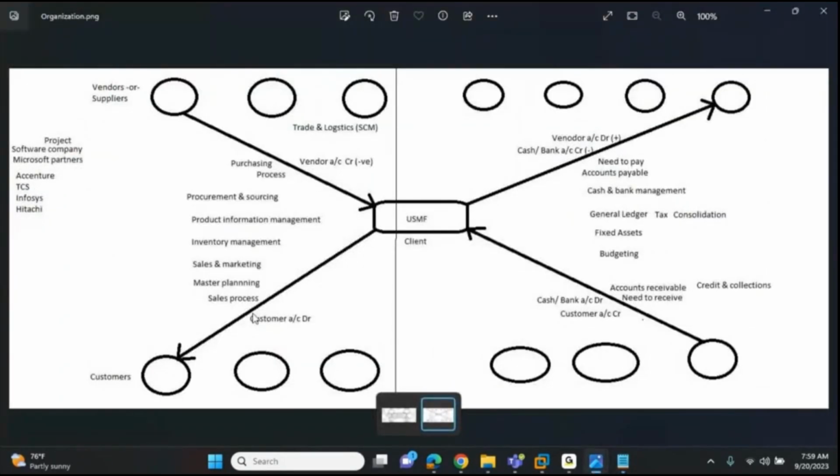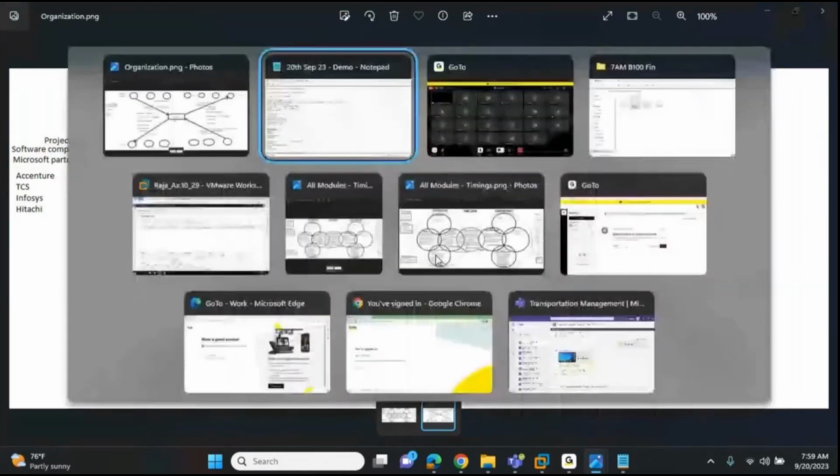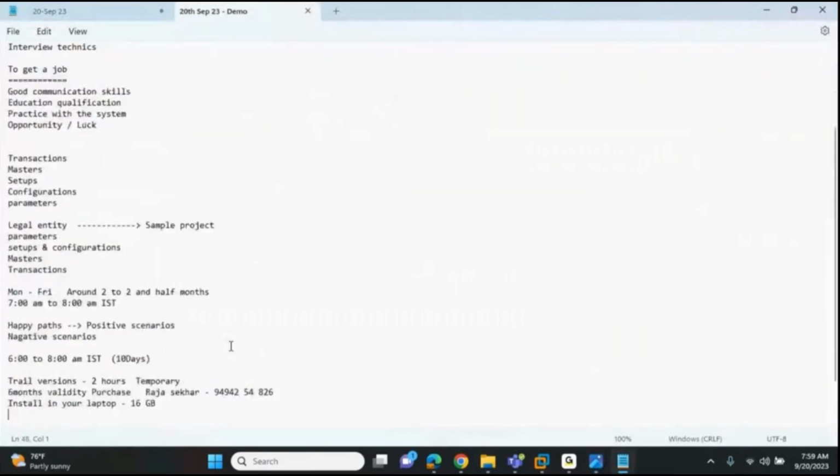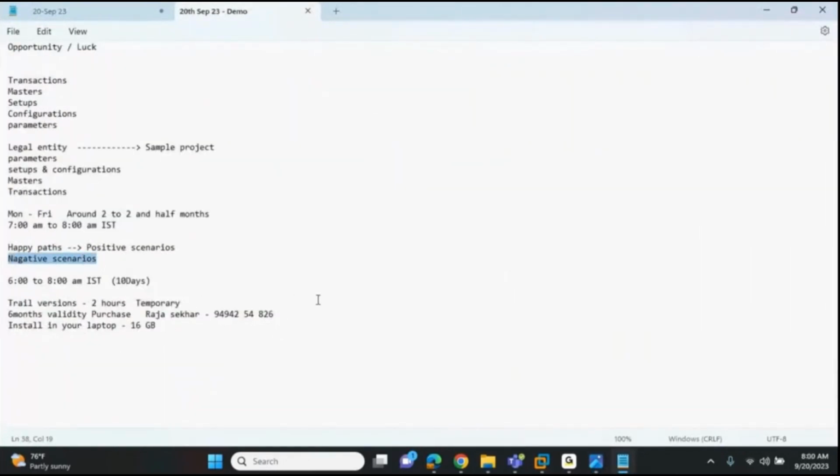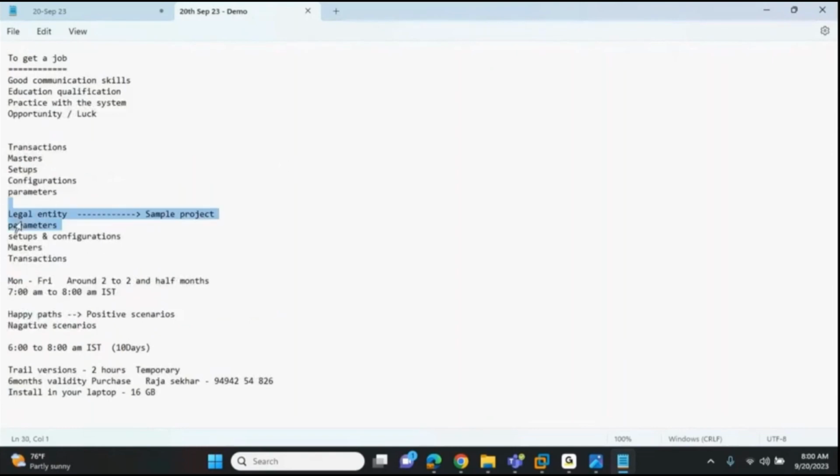I have 23 years of experience, but I never posted a purchase order, sales order, vendor invoice or vendor payment live in my life. But I have taught many people. The business users do those activities, and you, sitting in the software company, need to do them so that you can guide these people if they struggle with any challenges. So you need to learn negative scenarios, meaning make mistakes, understand the error message, and guide your business user.